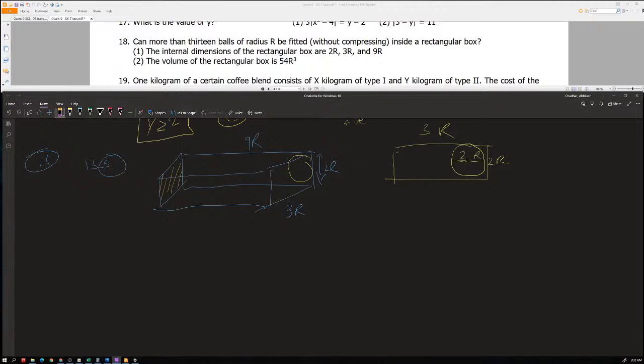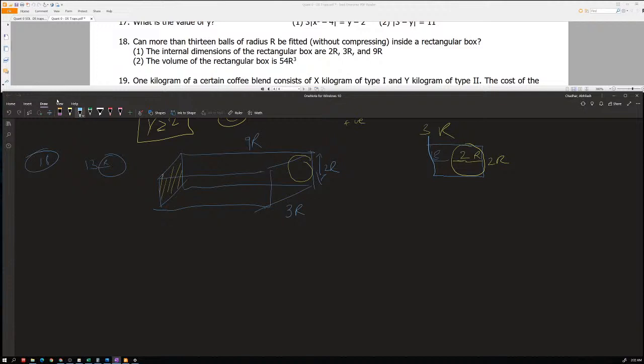Okay, so basically it shouldn't look like this. It should be something like this, right? Not to scale, but better than the previous one. So we have only R left. We cannot fit any other ball here, that's for sure.